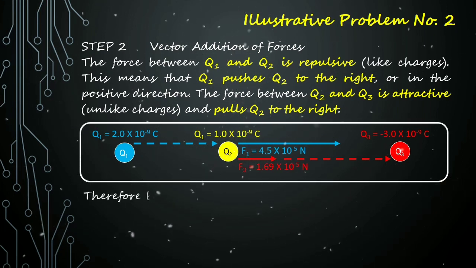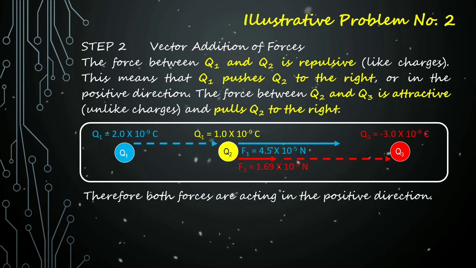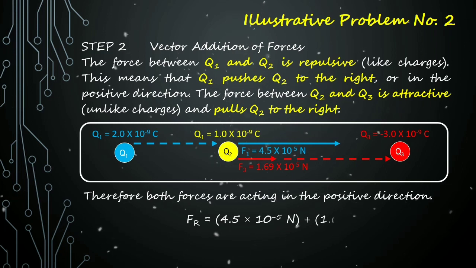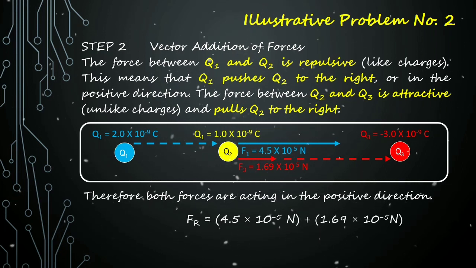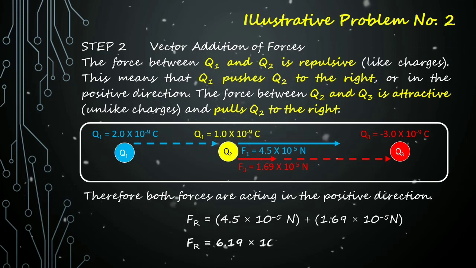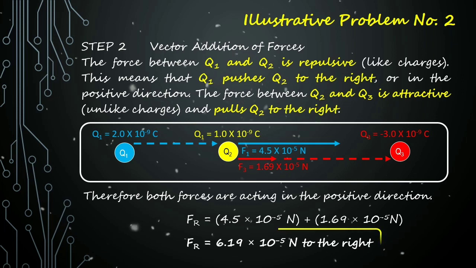Therefore, both forces are acting in the positive direction. So we have to add F1, equal to 4.5 × 10^-5 newton, and F2, equal to 1.69 × 10^-5 newton. Thus the resultant force acting on Q2 is 6.19 × 10^-5 newton to the right.